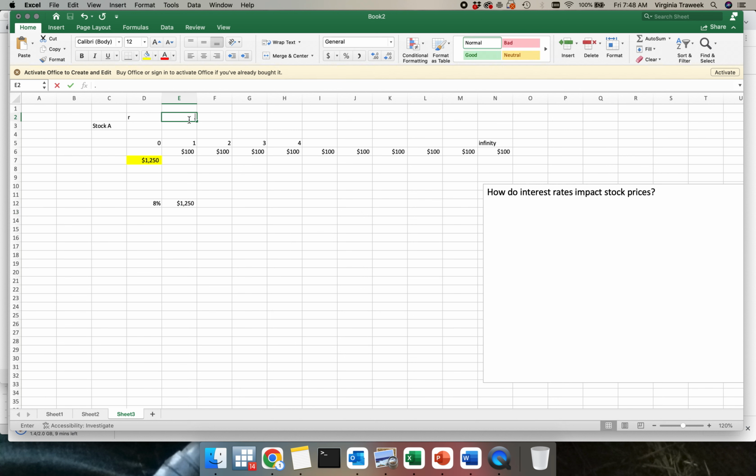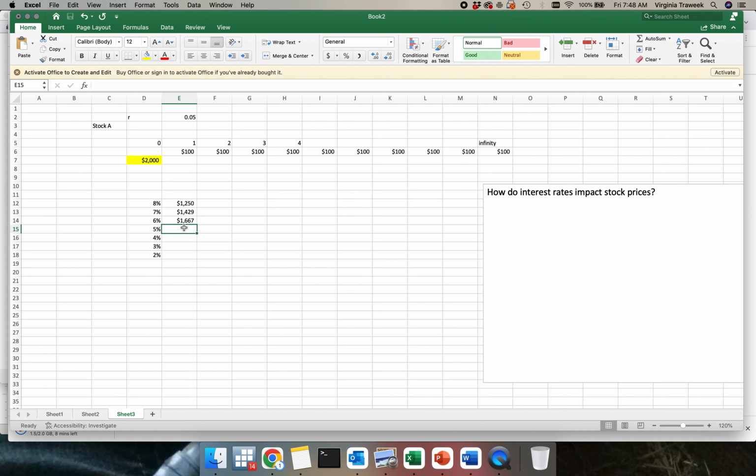Okay, let's say that the Fed cuts rates. Now at 7%, it's worth $1,429. At 6%, it's worth $1,667. Let's just do a couple more. There's a way that you can do this in Excel. 0.05.